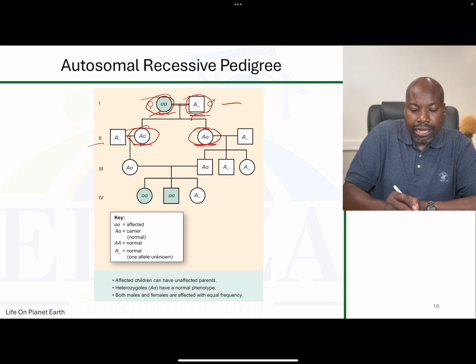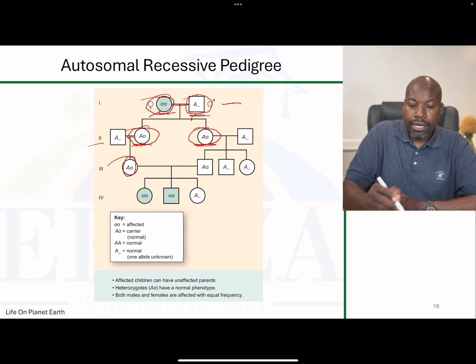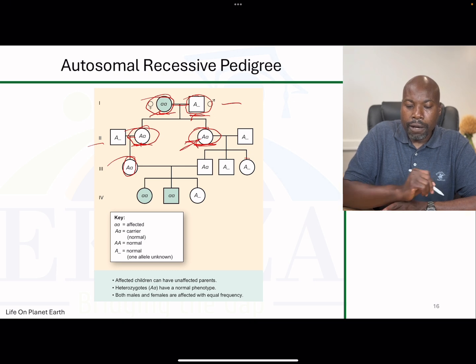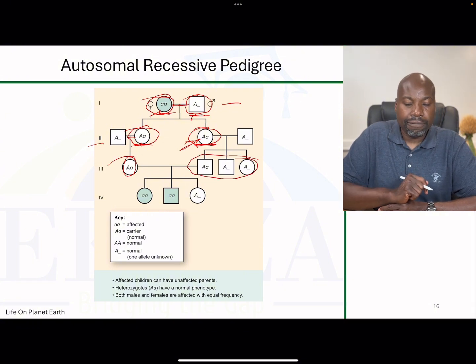Now, when we look at the offspring of the children, we see that they have a female here, unaffected, and this individual here from the second generation has many children. None of them is affected.